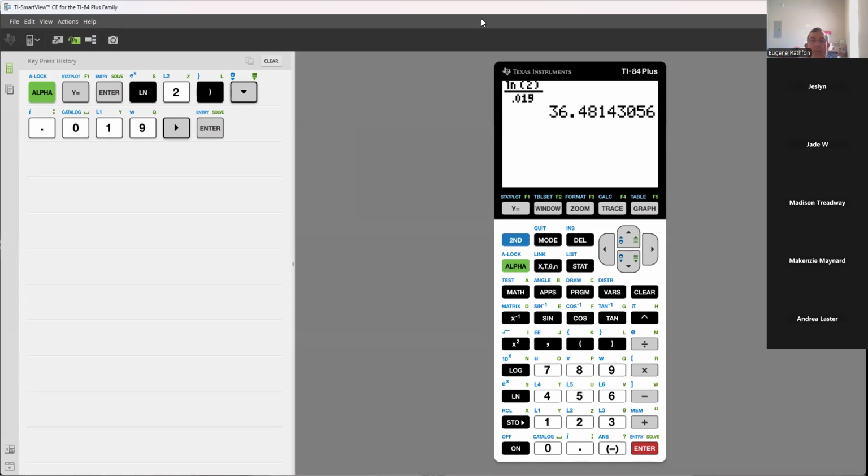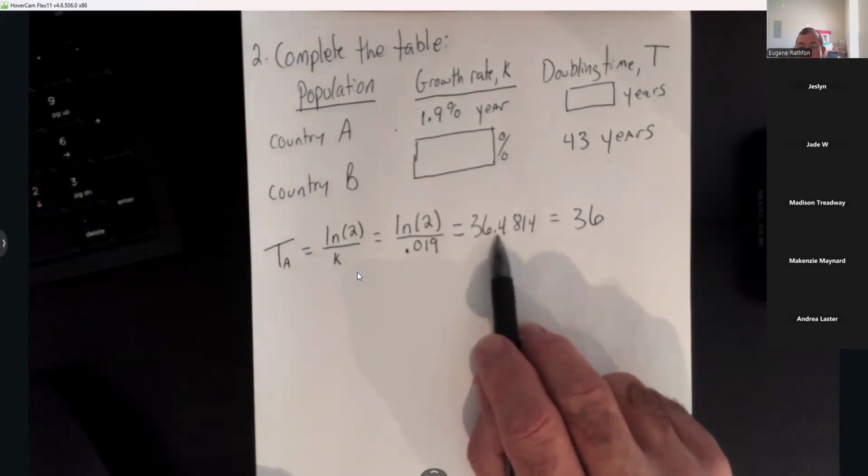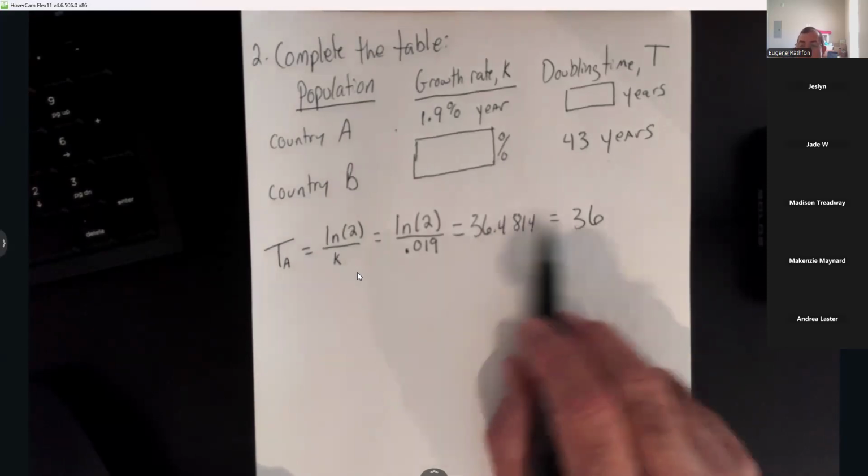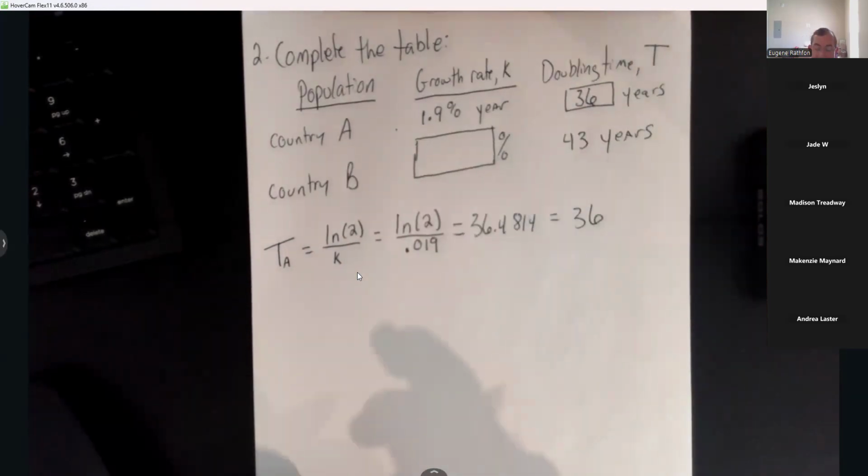All right, so it'll be 36 years for that one to double. So I had 36.4814, but remember, since that was a 4 or less, we need that at 36. So you'd put 36 into that blank.